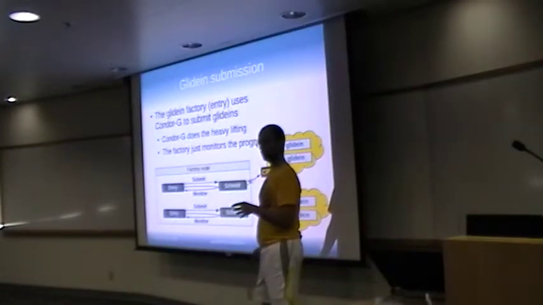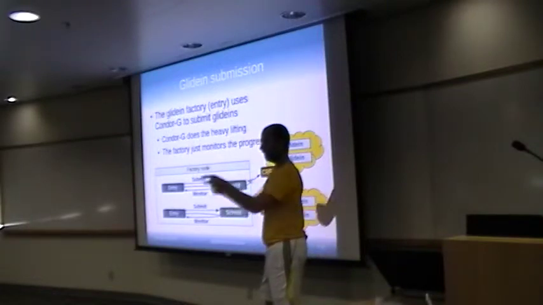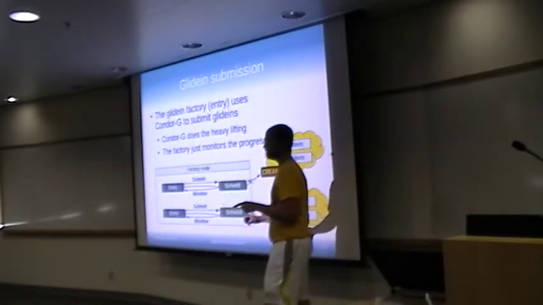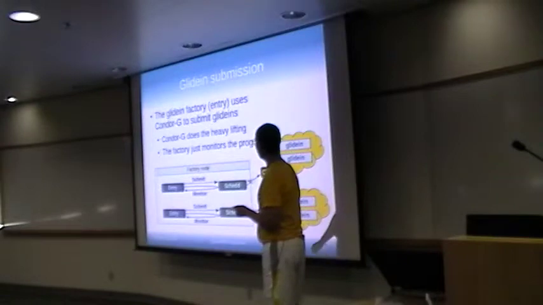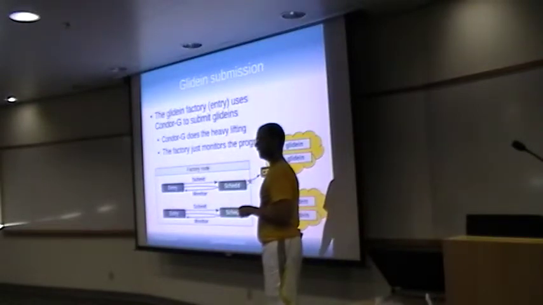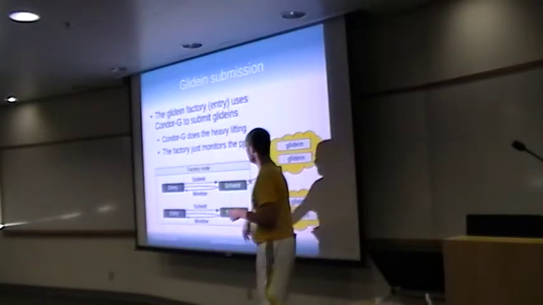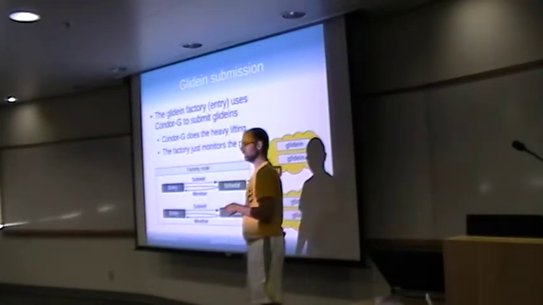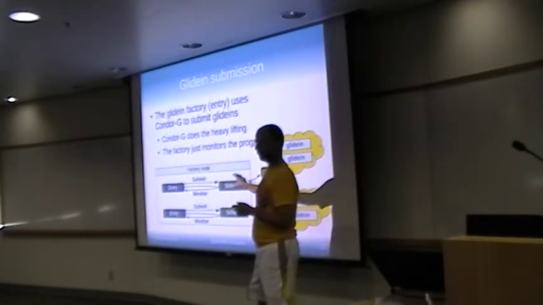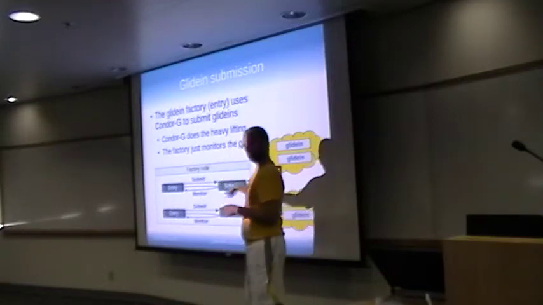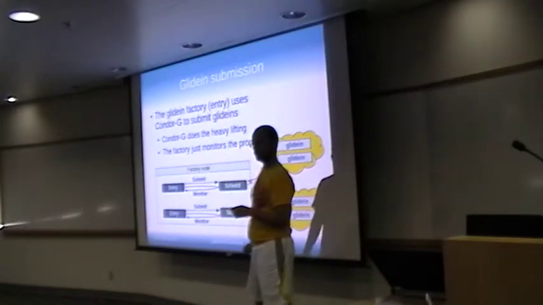If you want to go to something that Condor-G doesn't support, talk to Todd, because we cannot help you. Condor-G is really the one that does all the work. The factory just submits to the schedd, and then it's Condor-G, the schedd, that does all the magic, and the factory really just monitors it.